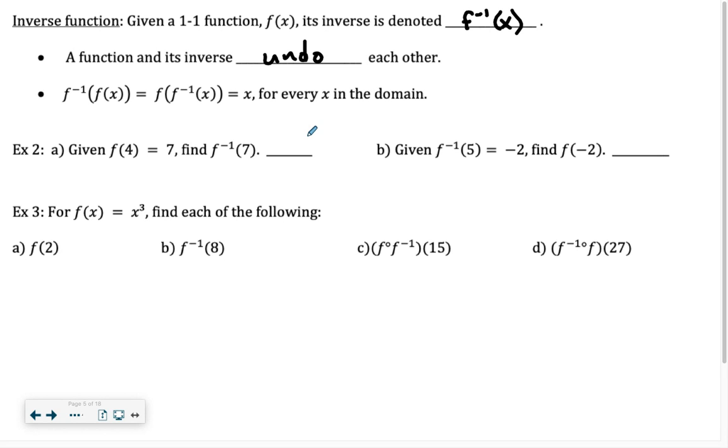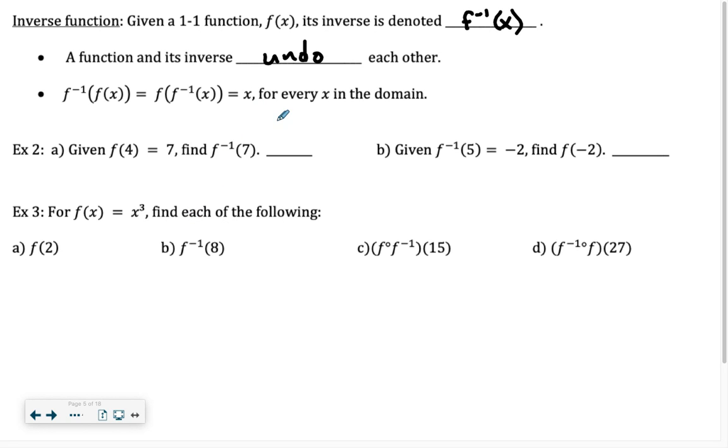Later on, we'll talk about logs and exponentials undoing each other. So in terms of notation, if I compose those functions, if I take f inverse of f of x, or the other way around, f of f inverse, that's going to cancel everything out, and it's just going to equal x.